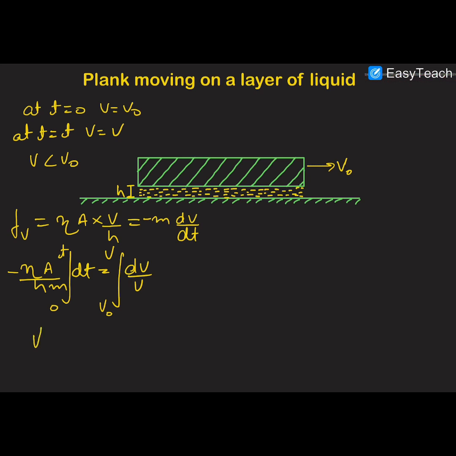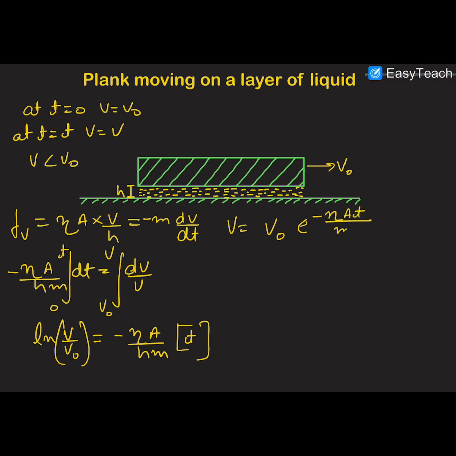So ln v by v naught will be equal to minus eta A t by h m, and v will be equal to v naught e to the power minus eta A t by m h.